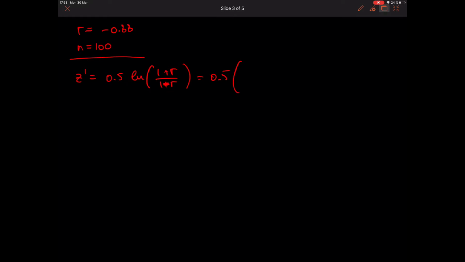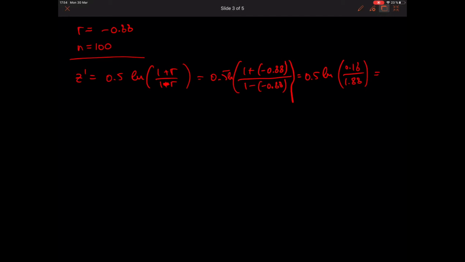So 0.5 times the logarithm of 1 plus minus 0.88, which is 0.12, divided by 1 minus minus 0.88, which is 1.88.